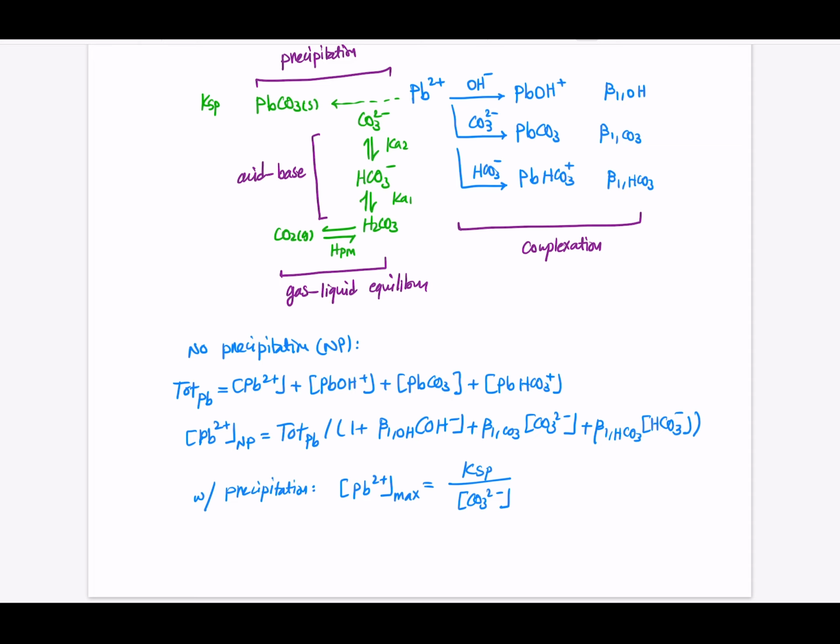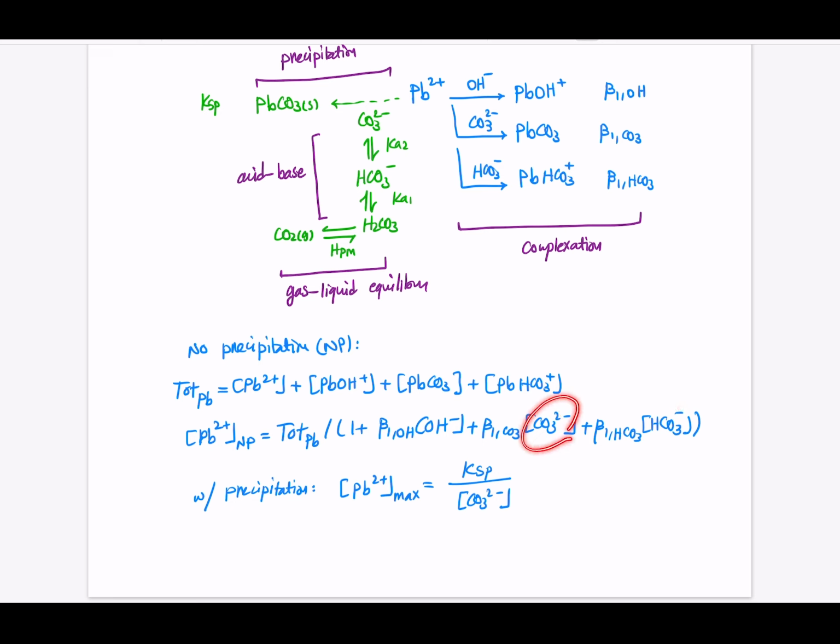So the minor difference between this example and the previous example is that to calculate both no precipitation and precipitation, we need to solve for carbonate acid base. Because in this case also, in addition to hydroxide, which is relatively easy to work with at different pH, these two we need to calculate.